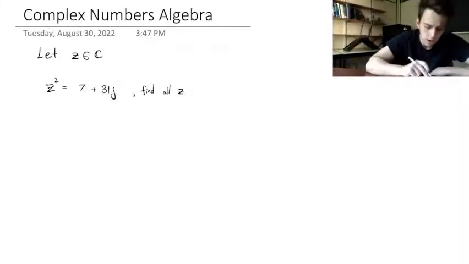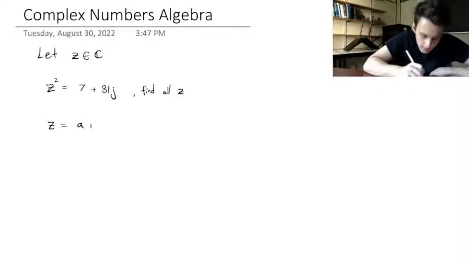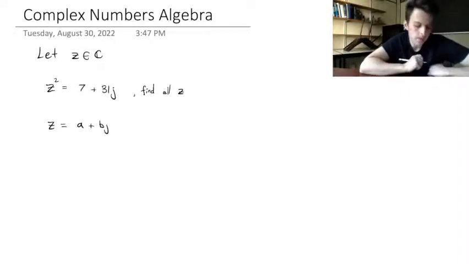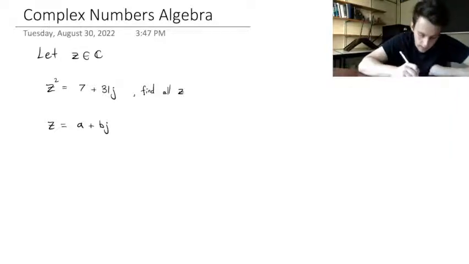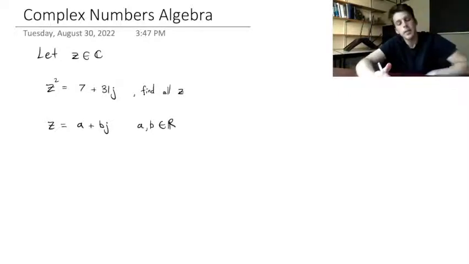So to start off this question, we're going to remind ourselves that in the rectangular form, we have a plus bj. That is the complex number where a and b are some scalar values, right?